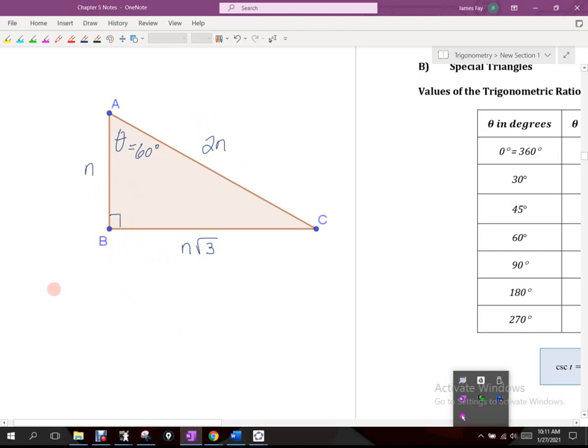So if I ask you what is the cosine of 60 degrees, I'm asking how does the adjacent side, because remember SOHCAHTOA, I said cosine, so it says how does the adjacent side, which in this case would be n, compare to the hypotenuse, which would be 2n?